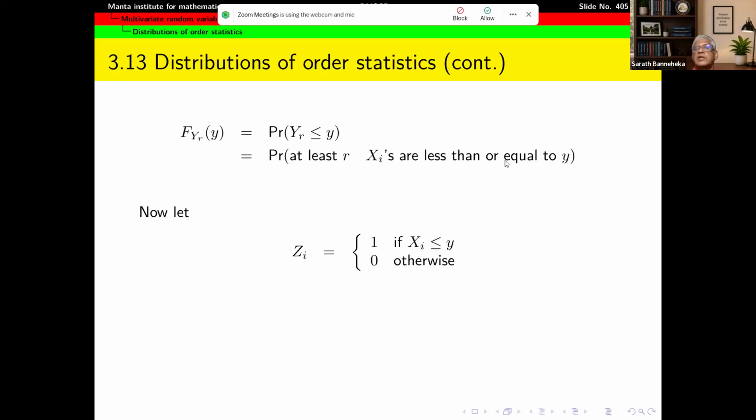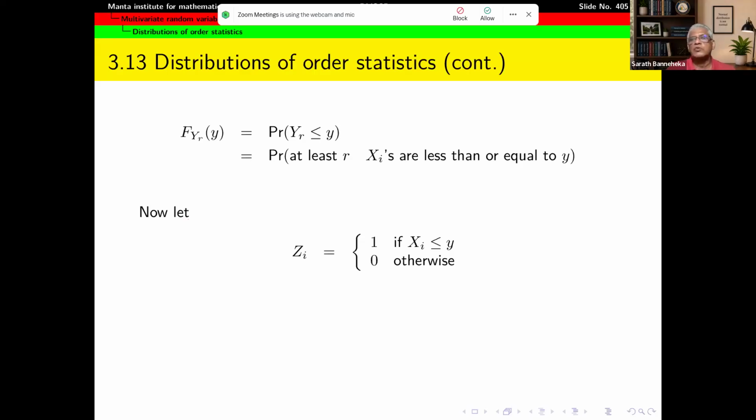So we will use the same technique, that is the cumulative distribution function technique. So the cumulative distribution function of Yr evaluated at y is equal to the probability Yr is less than or equal to y. That is the definition of the cumulative distribution function. Now, we want to write down that event, Yr less than or equal to y, in terms of our X1 up to Xn.